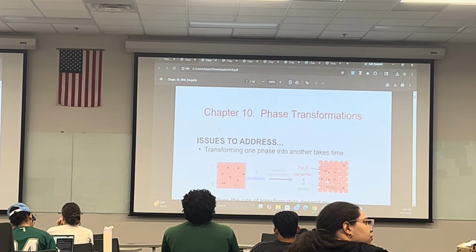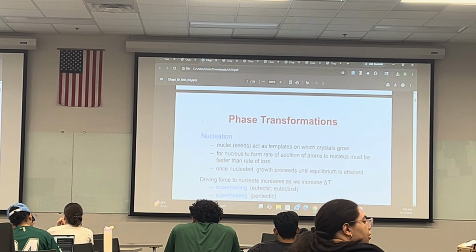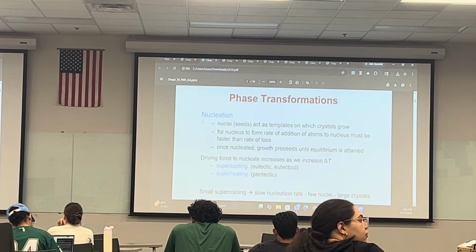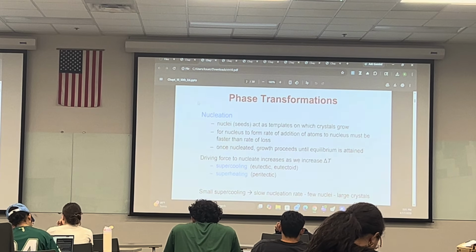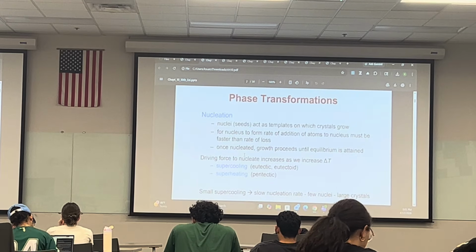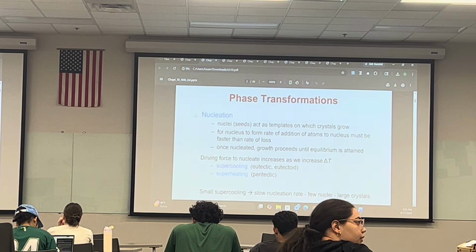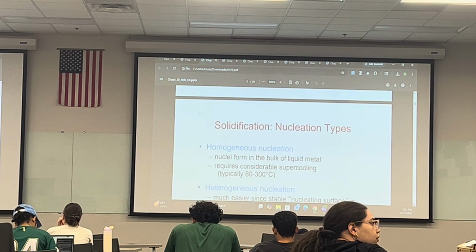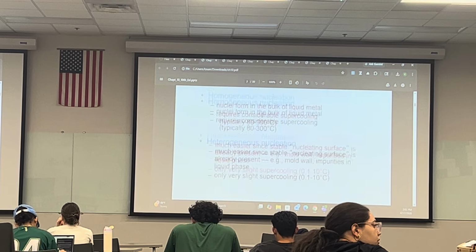Phase transformation is kind of a follow-up on the previous chapter. It's very related to phase diagrams. The main thing we discussed here was supercooling of metals and homogeneous nucleation.